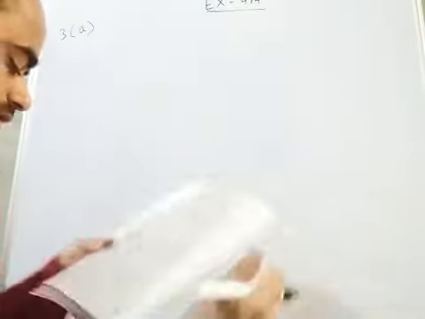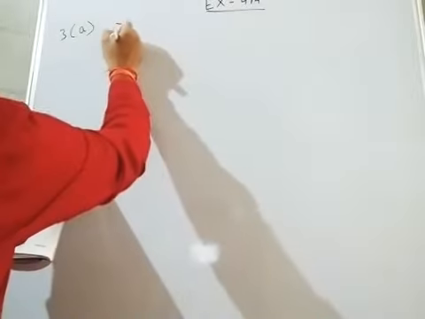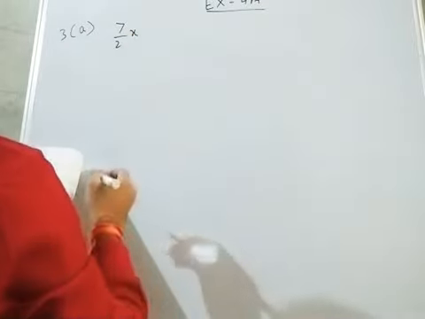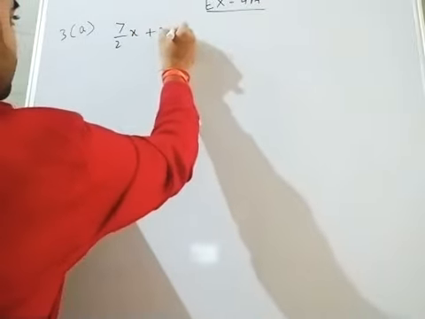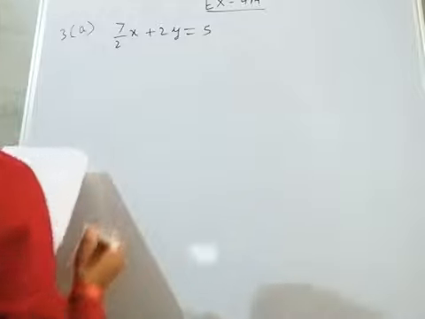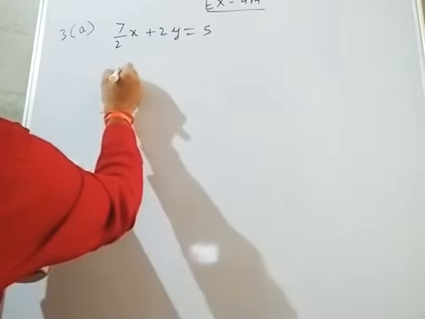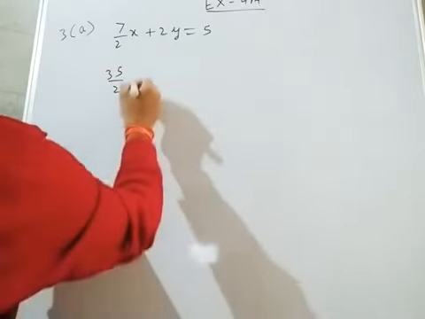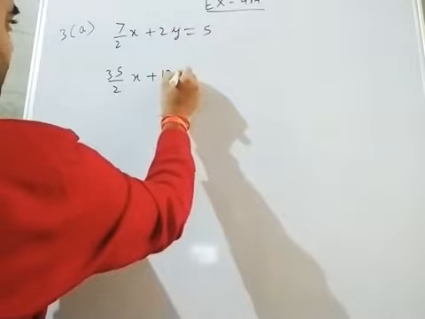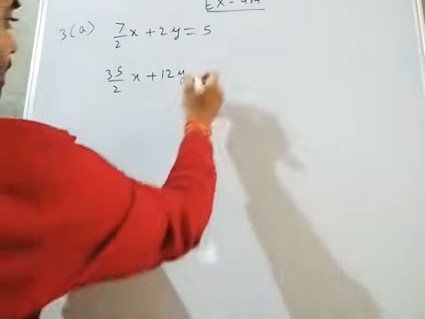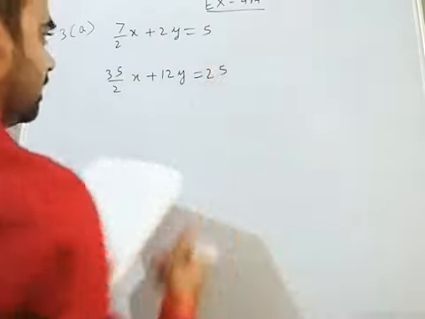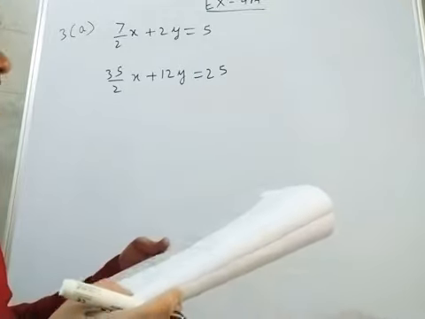First equation is 7 upon 2x plus 2y is equal to 5. Second equation is 35 upon 2x plus 12y is equal to 25. These are the two equations.